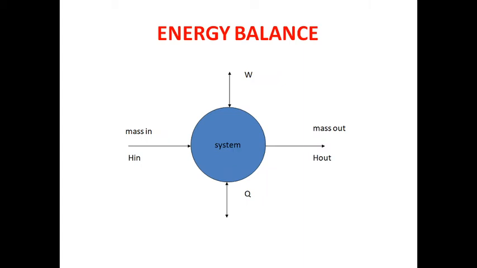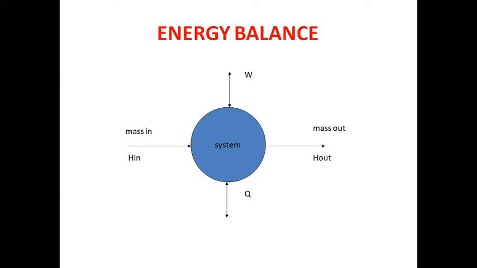What is energy balance? Energy balance is expressed in words as all energies into the system are equal to all energies leaving the system plus the change in storage of energies within the system. Are you clear? Okay.